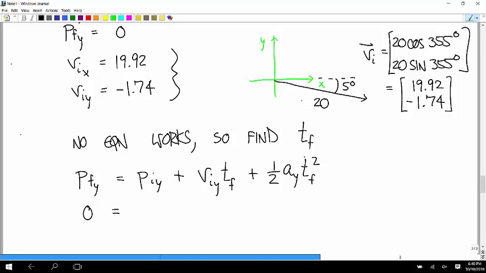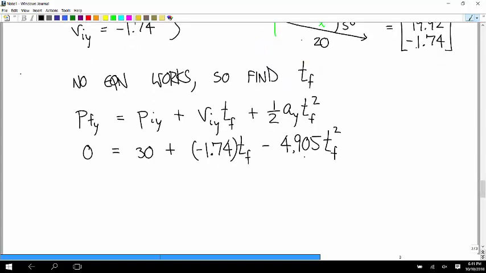So 0 is equal to 30 plus -1.74 tf minus 4.905. That's 1/2 times -9.81 tf squared. And how do we solve this for tf? Yep.